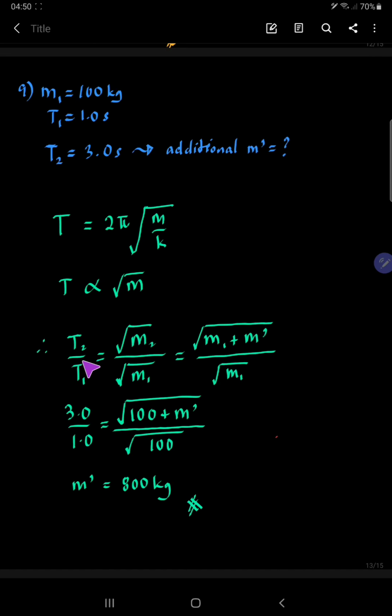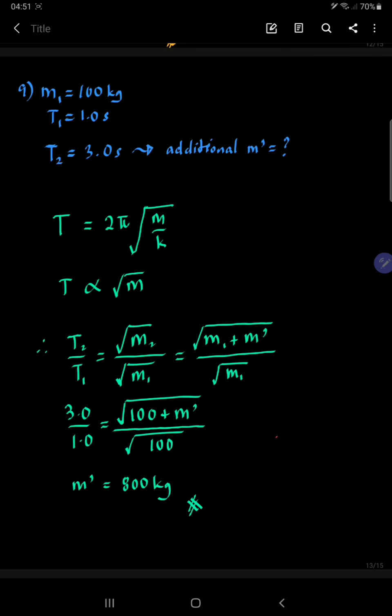T1 and T2 are given already, and M1 is given also, which is 100 kilograms. Then you will get the additional mass needed to change the period from 1 to 3 seconds, which is equal to 800 kilograms. We are using the ratio method. Normally, when given two different situations, we take the first equation and the second equation for these two situations, and then by having a ratio between these two equations, you will get the answer.